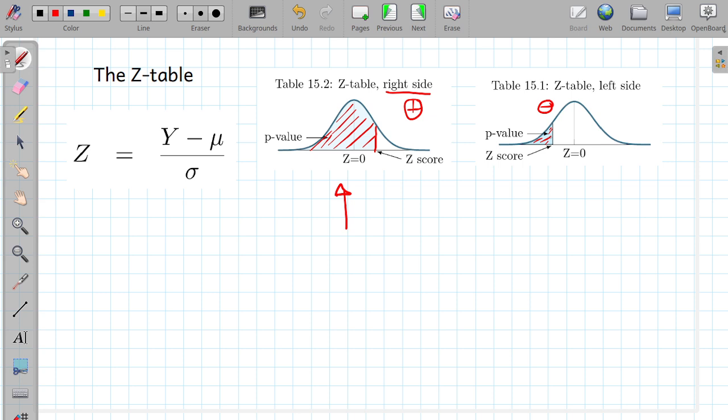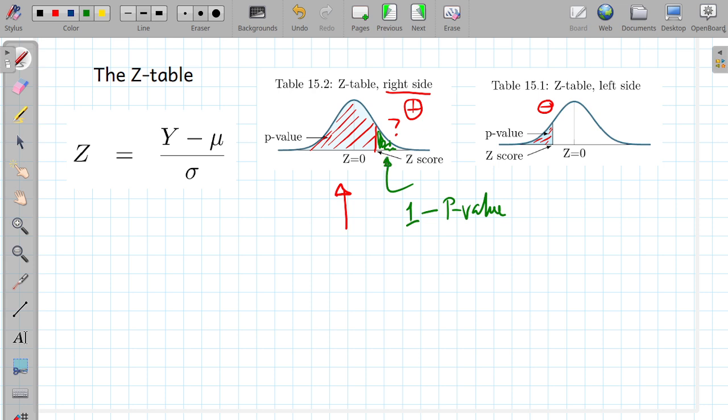Now, that's all well and good, but what do you do if you need this region here? Let's put a different color in there. What about this region? How do you get that? Well, that you get by going 1 minus the p-value. That'll give you that region there.